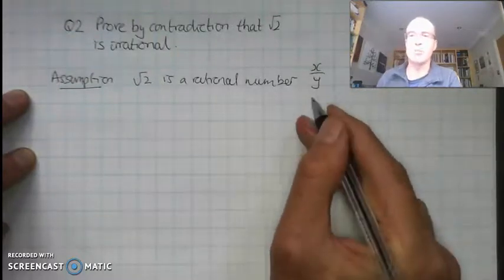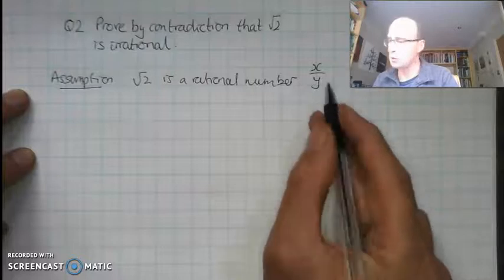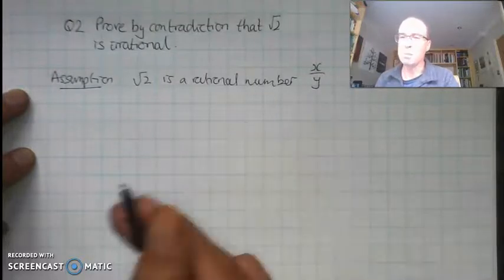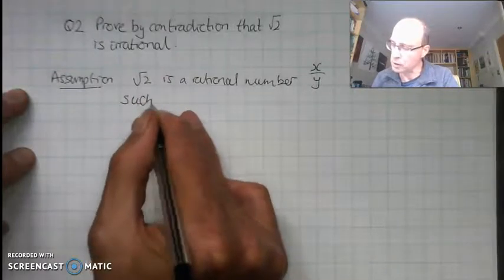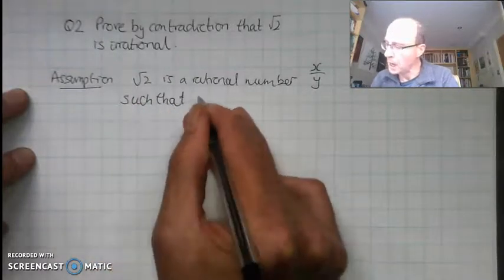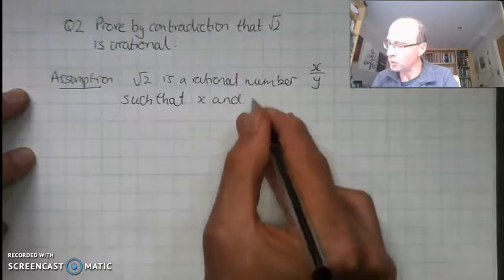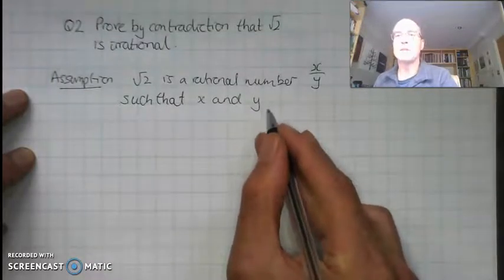I could have called it a over b. Give it a couple of variable names, doesn't really matter what. X over y, but I need one extra condition. And such that x and y have no common factors.